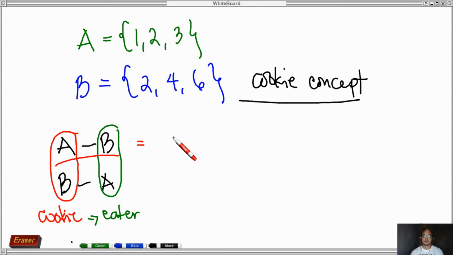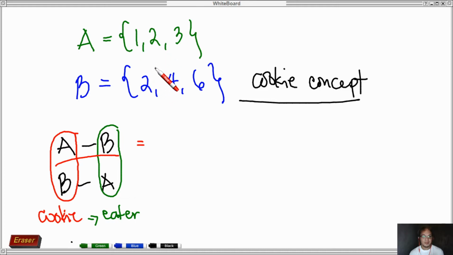Difference of sets has a little bit of similarity with the intersection of sets, the common elements. Notice that 1, 2, and 3 and 2, 4, and 6 have a common element, which is 2.